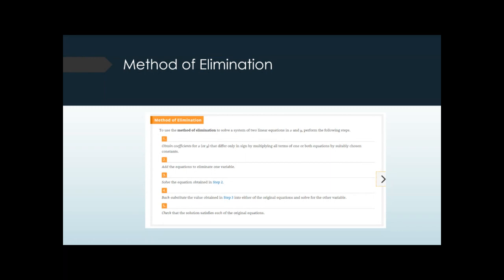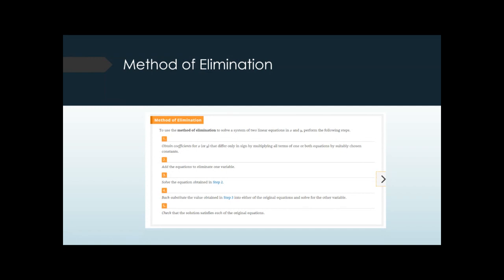So here's what you're doing for elimination. You are trying to add the equations together in such a way that one of the variables will add to 0. In order to do that, one of the variables needs coefficients that are the same number and opposite in sign. A lot of times it doesn't come like that, so you have to multiply the equations by something in order to make them have the same number with opposite signs, so that they can be added and canceled out.